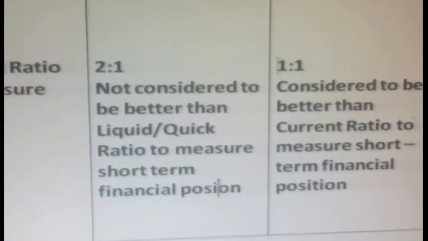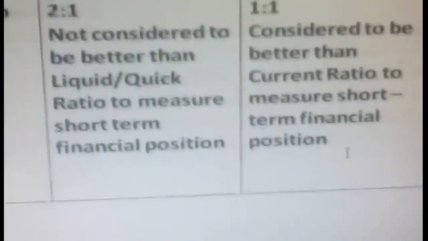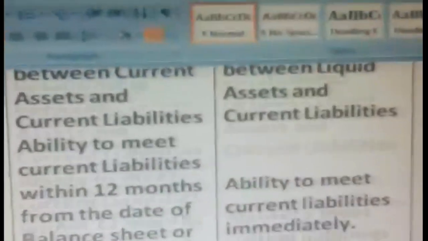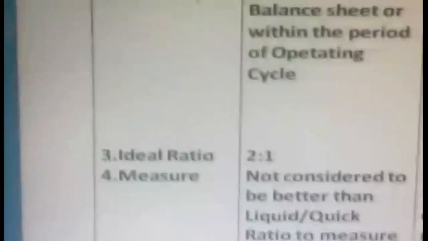Those are the four important differences, based upon relationship, assessment, ideal ratio and measurement. Very, very important.